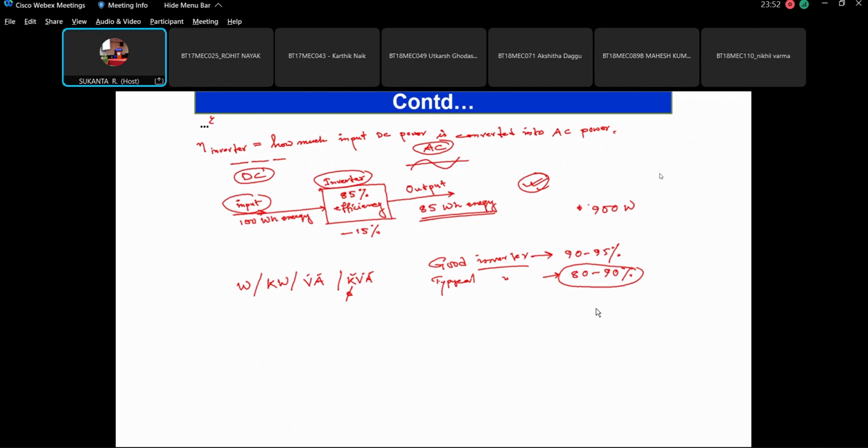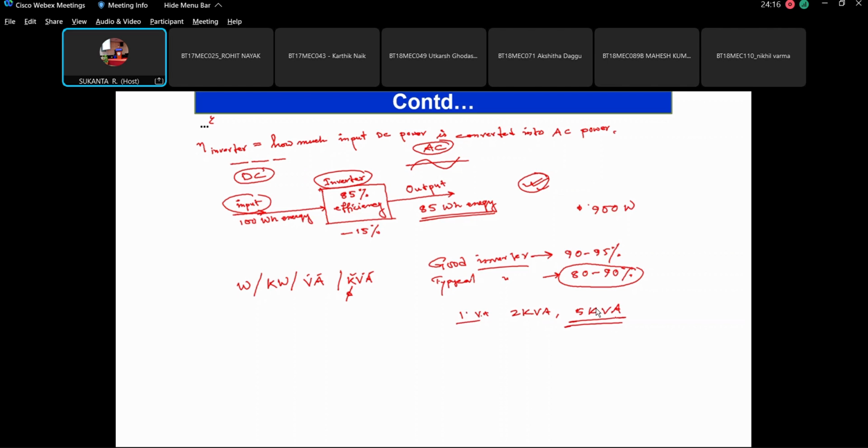The typical inverter ratings are 1 kilovolt ampere, 2 kilovolt ampere or 5 kilovolt ampere.